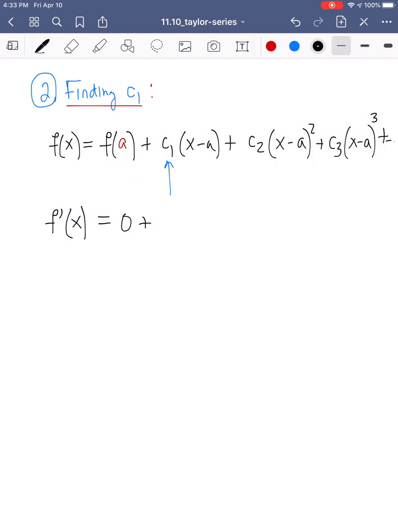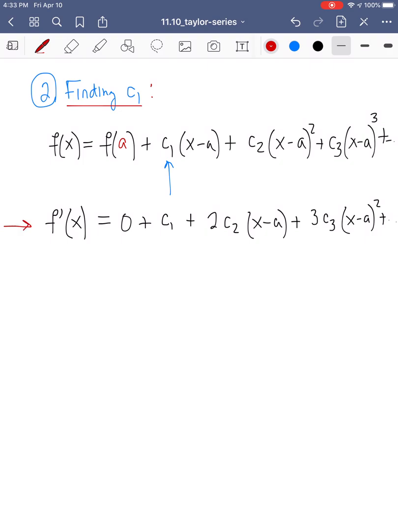Well, if we're taking the derivative of c1 times the quantity x minus a, that's just giving us a c1. Let's take a look at the next term. If we differentiate the next term, we do the power rule, we get 2 times c2 times the quantity x minus a. If we take the derivative of the next term, we get plus 3 c3 times (x minus a) squared, and so on.